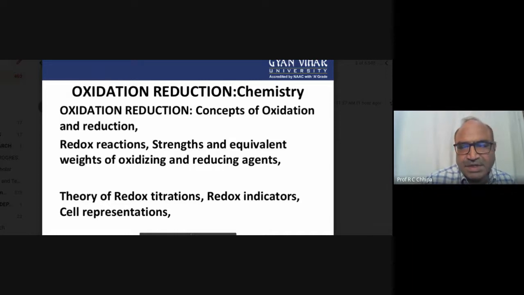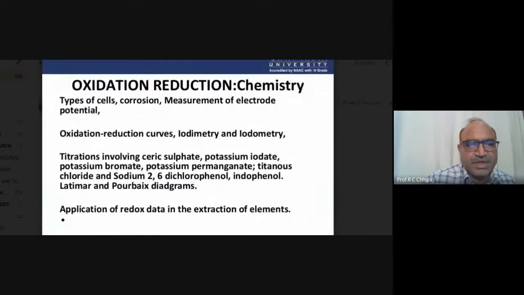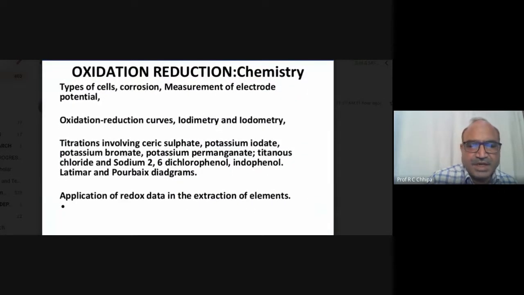Redox reactions are also important to ourselves, and can be correlated with the types of cell. Corrosion occurs because of oxidation. Then how electrode potential can be measured, the oxidation-reduction curve, iodimetry and iodometry.